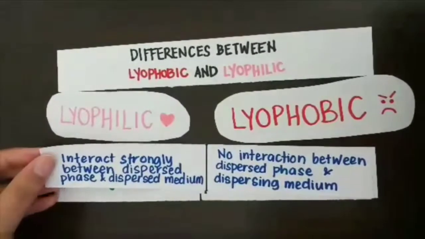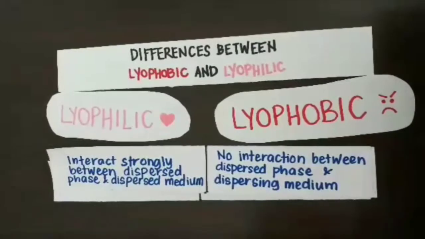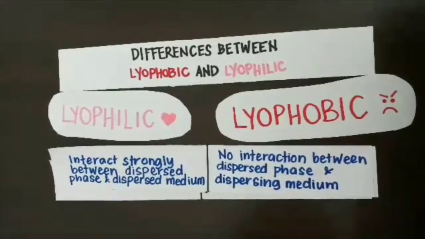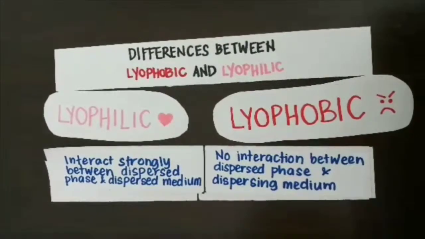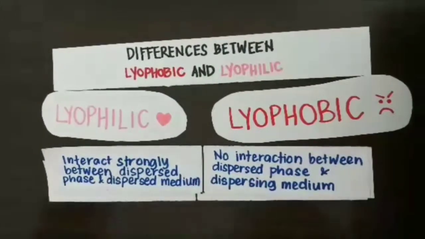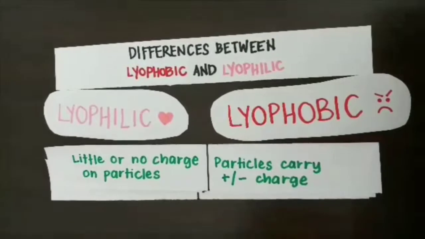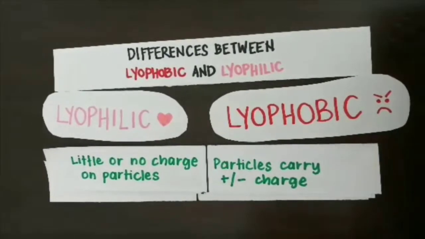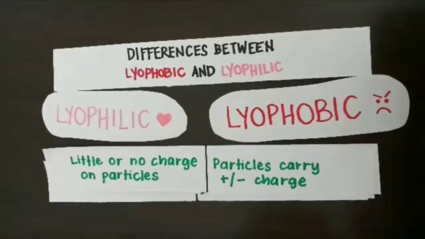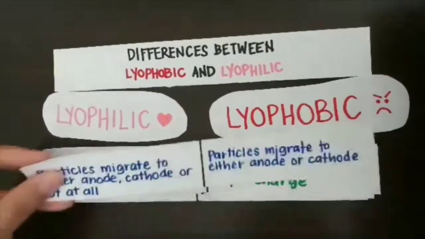Next, lyophilic interacts strongly between dispersed phase and dispersion medium, while lyophobic has no interaction between dispersed phase and dispersing medium. Next, lyophilic has little or no charge on particles, while lyophobic particles carry positive or negative charge.